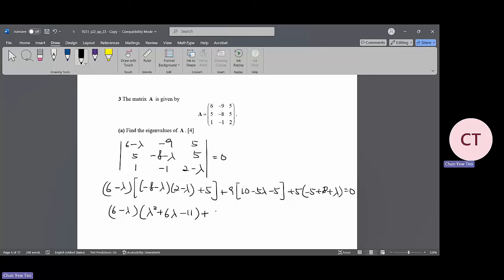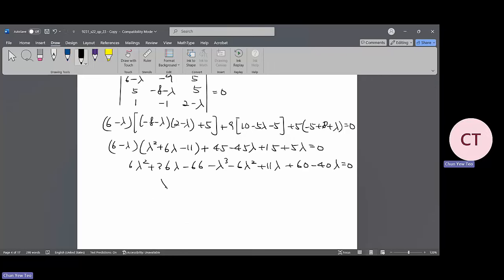This one will give you 45 minus 45 lambda plus 15 plus 5 lambda equal to 0. Keep expanding. You will have 6 lambda squared plus 36 lambda minus 66 minus lambda cubed minus 6 lambda squared plus 11 lambda plus 60 minus 40 lambda equal to 0.